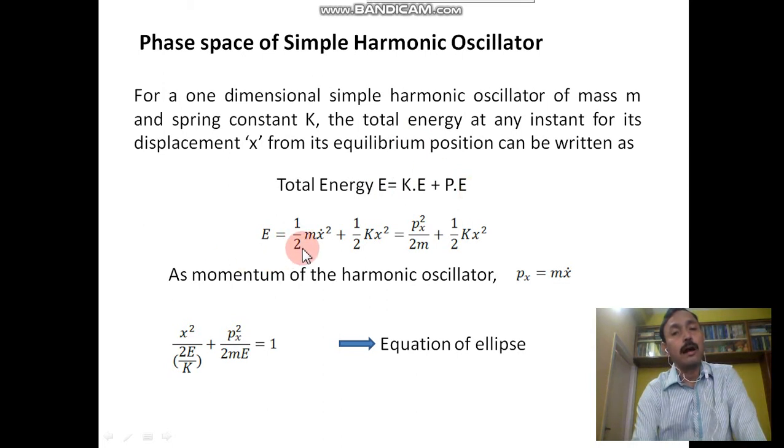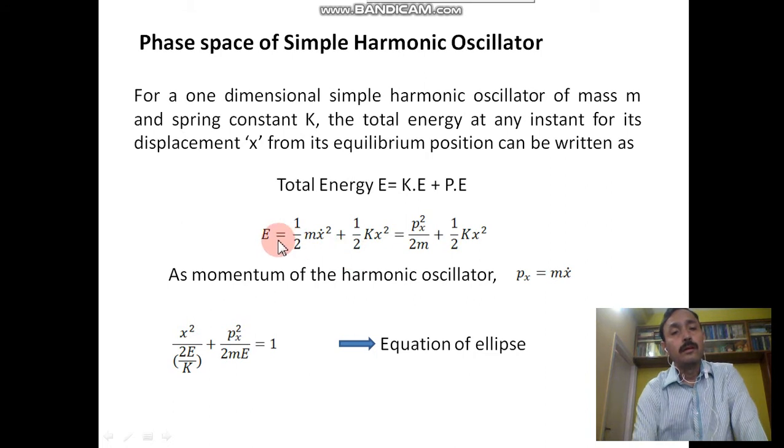So E is equal to half m x dot square plus half k x square. X dot means velocity, so half m v square plus half k x square. Now m square x dot square by 2m means px square by 2m. We have written here E equal to px square by 2m plus half k x square, as the momentum of the harmonic oscillator is px equal to m x dot.